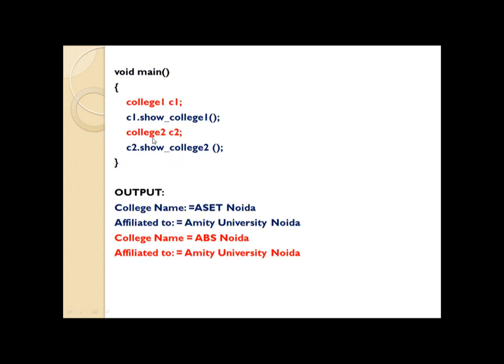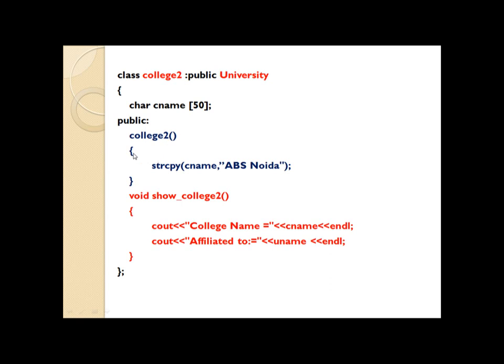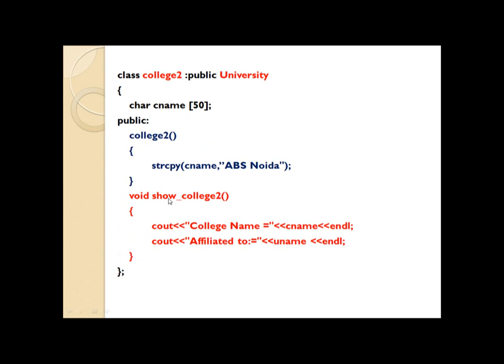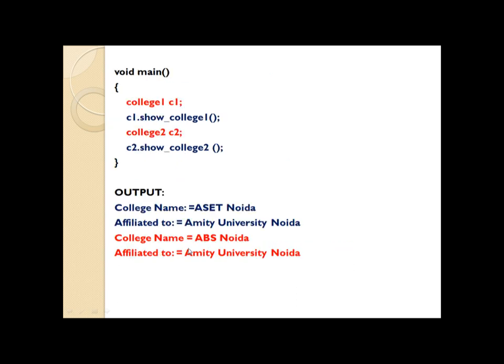Similarly for college 2, as soon as control moves to this line, control will search for the constructor, that is this, copies this string ABS Noida into C name, and after that reaches this statement, moves to the body of this function, and displays the college name and affiliated university name.